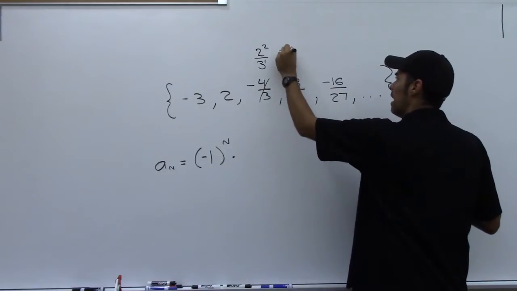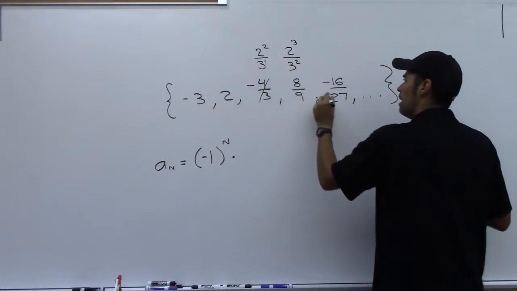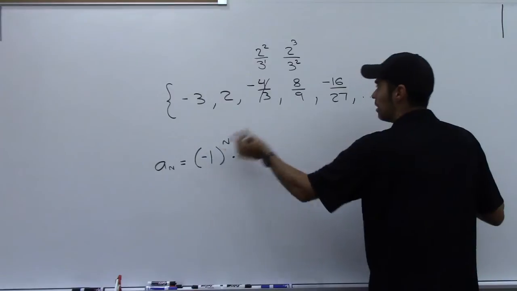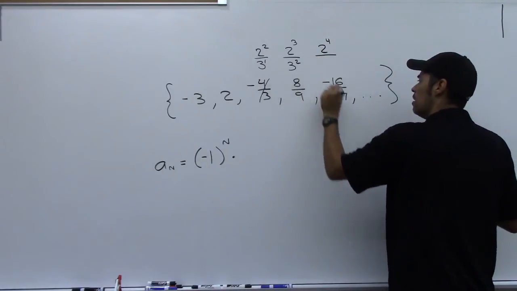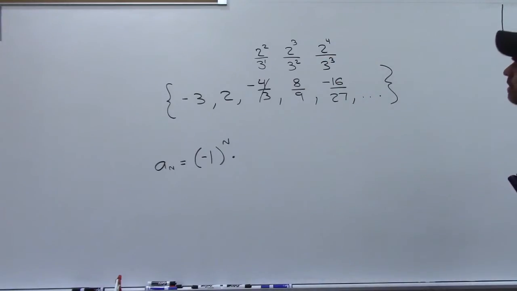This looks like 8 is 2 cubed and 9 is 3 squared. And then 16, notice I'm not worrying about the negative because I already took care of that. This next one, it looks like I've got 2 to the 4th over 3 cubed. So that looks like the pattern.